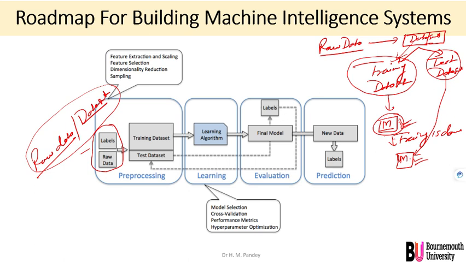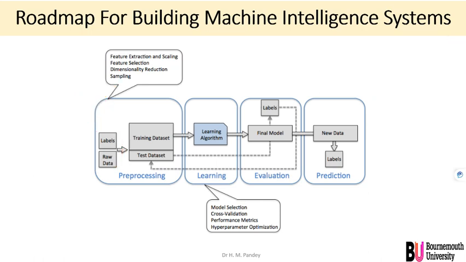Then, in order to validate your model, you will use the test data as an input to your model and see how it is behaving. Is this model working correctly? If it is, you will check the accuracy. There are several benchmark metrics you can use to check the quality and robustness of your model. So training data is for training the model, and test data is for validating the model. So this is about the data.